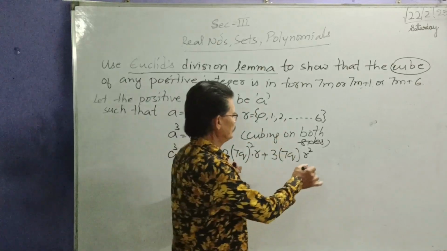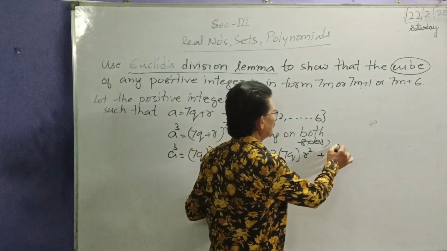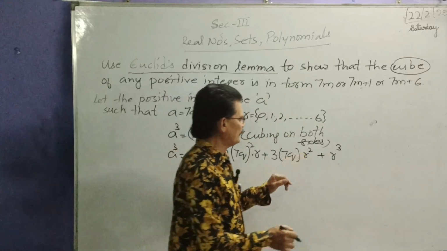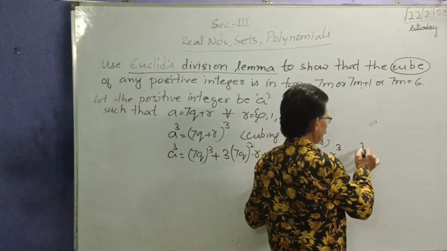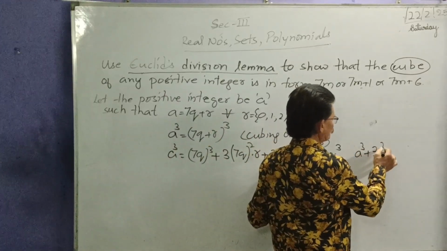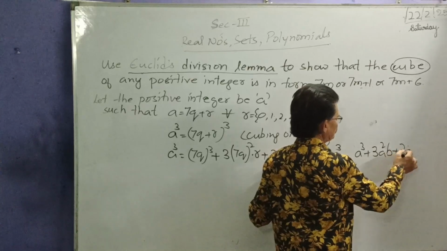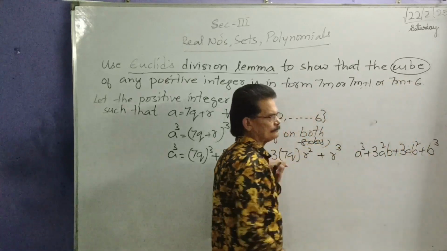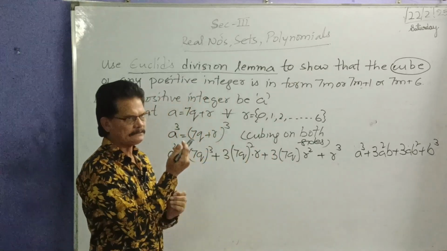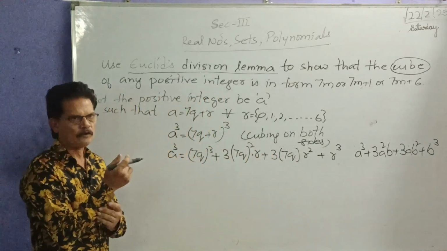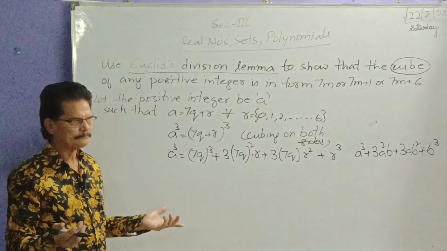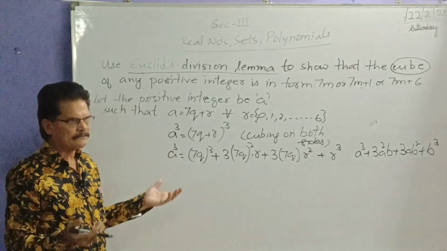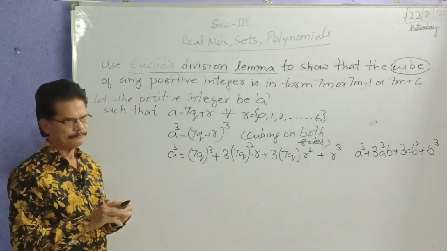Next, b cube. So, shall I write it here? A cube plus 3a square b plus 3ab square plus b cube. That's it. If you got this today, it is done.